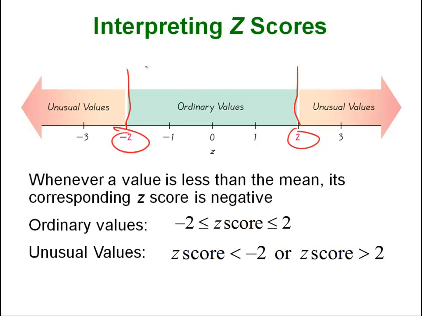So these are ordinary values, and we also saw from our 68, 95, 99.7 rule that this is roughly about 95% of our data. And so the other 5% is split between this area here and this area here.